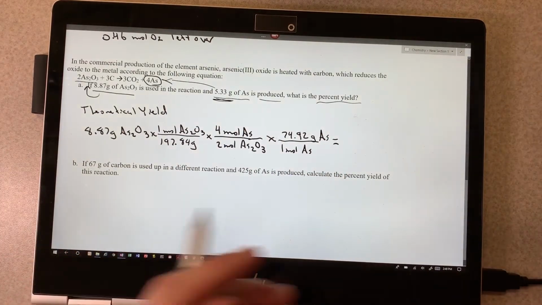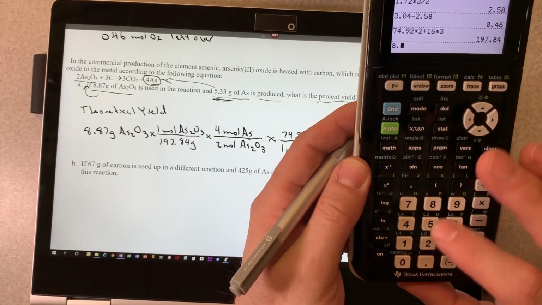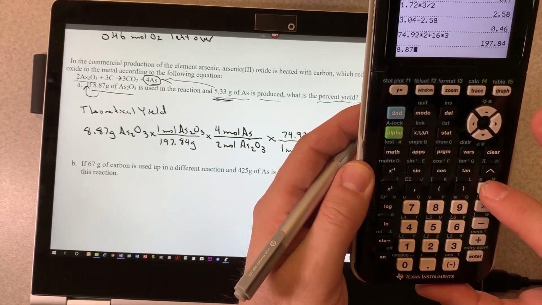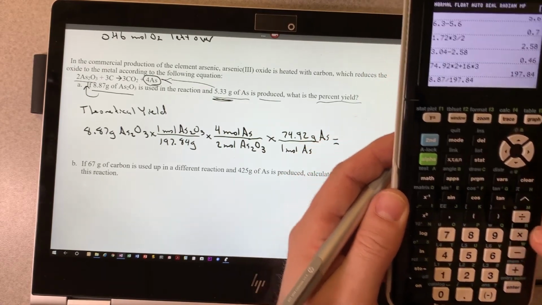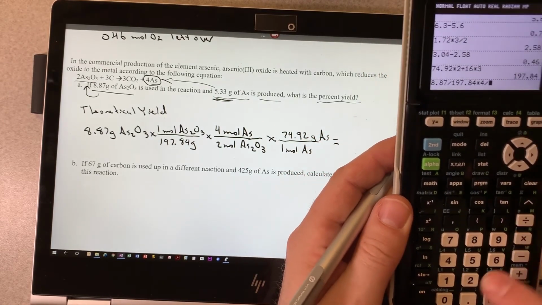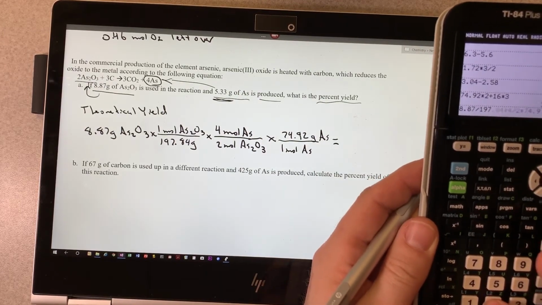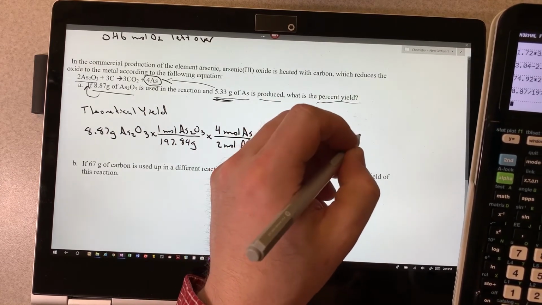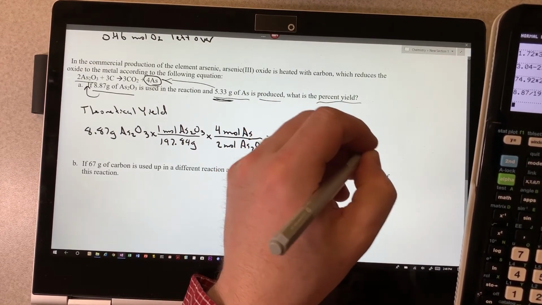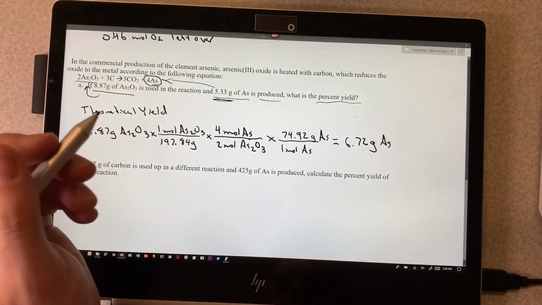All right, so let's plug that in our calculator. 8.87 divided by 197.84 times 4 divided by 2 times 74.92. That gets me 6.72 grams of arsenic. That's my theoretical yield.